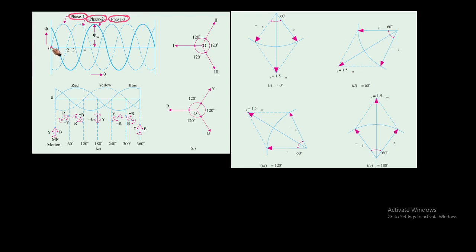At this 0 instant, this is the phi 2 value, this is the phi 1 value, and this is the phi 3 value.